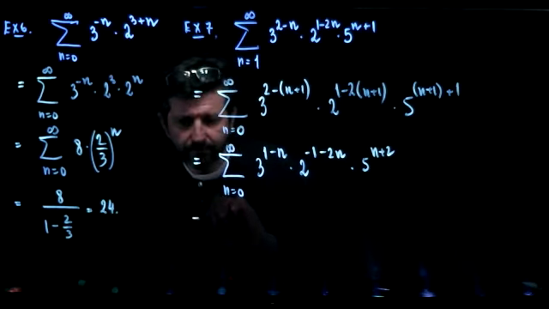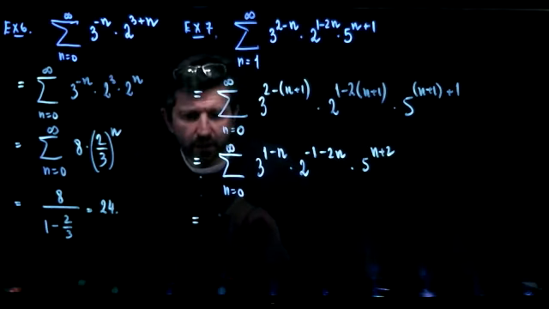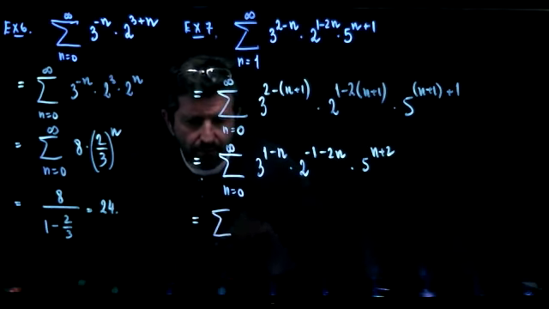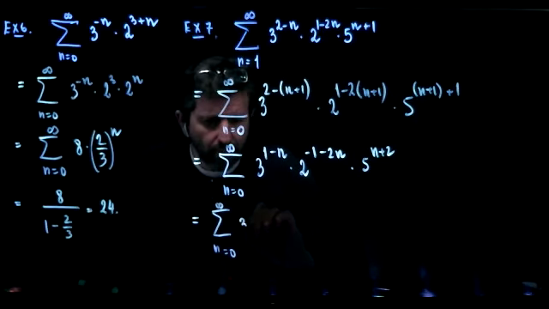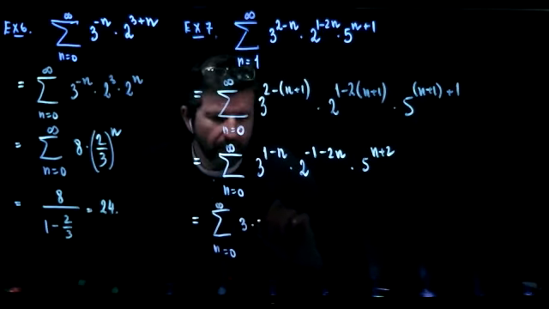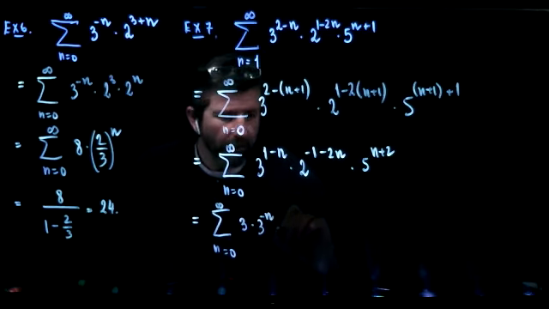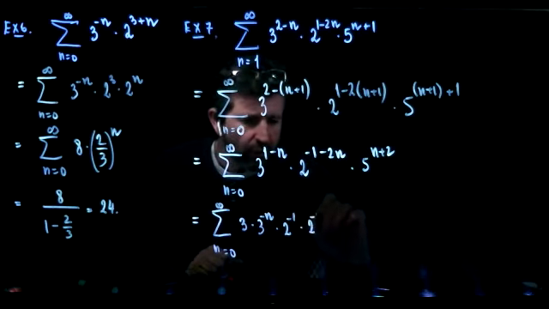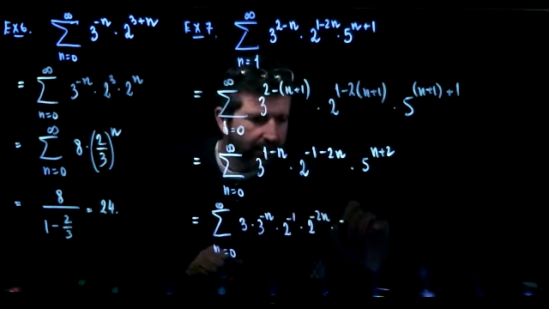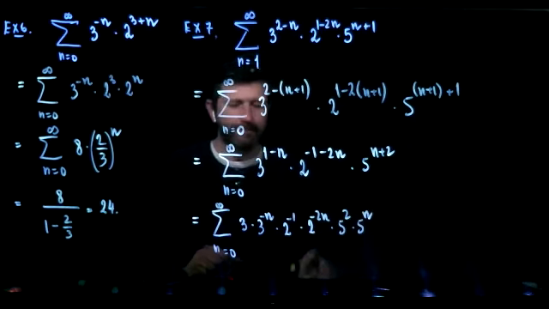I'll write a bit smaller here. So sum n equals 0 to infinity of 3 power 1, 3 to the power of minus n, 2 to the minus 1, times 2 to the negative 2n, times 5 power 2, times 5 power n.